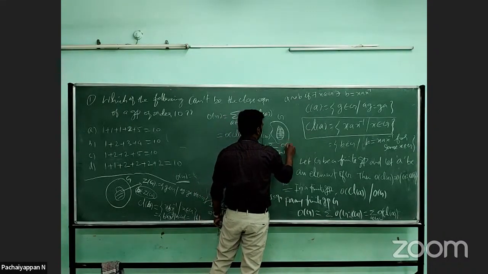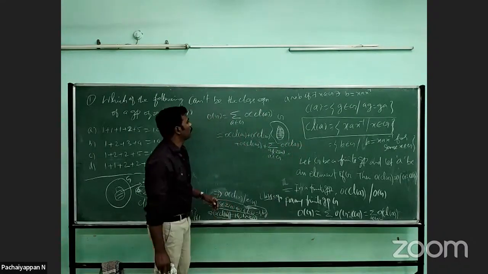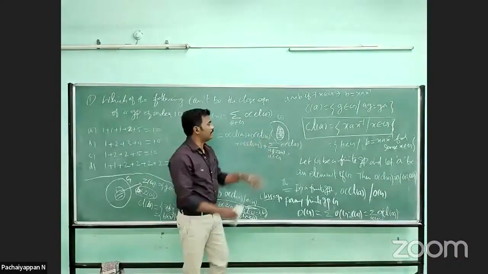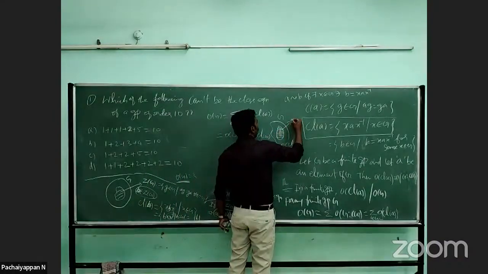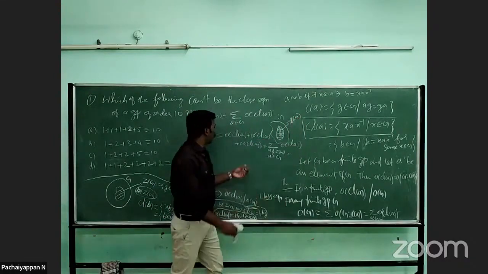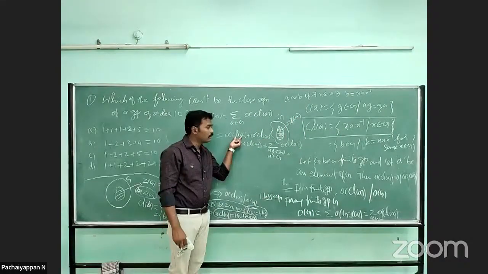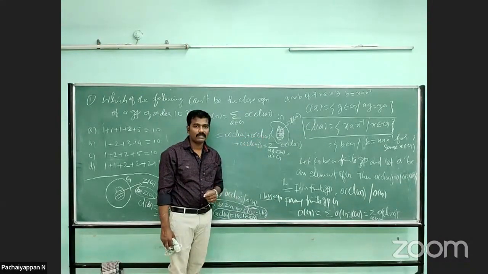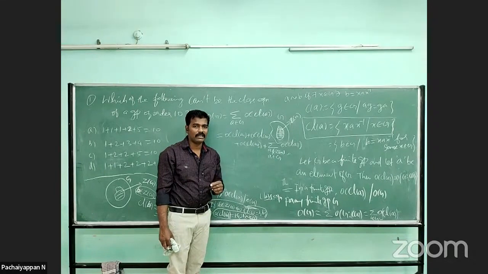Then you can write the order of the class of A. So if A1, A2, A3 are in the center, now what is the cardinality of the class of A1, the class of A2, the class of A3? How many elements are there? One element.